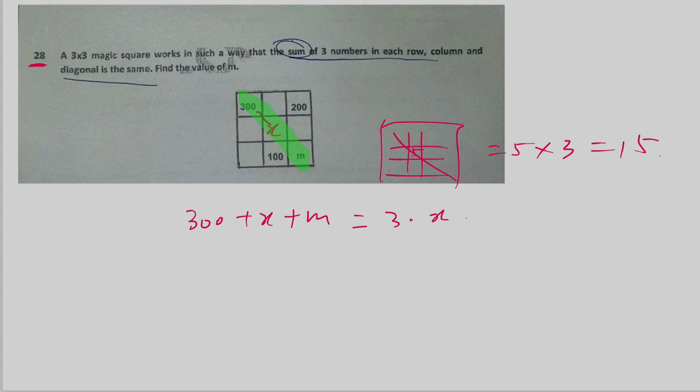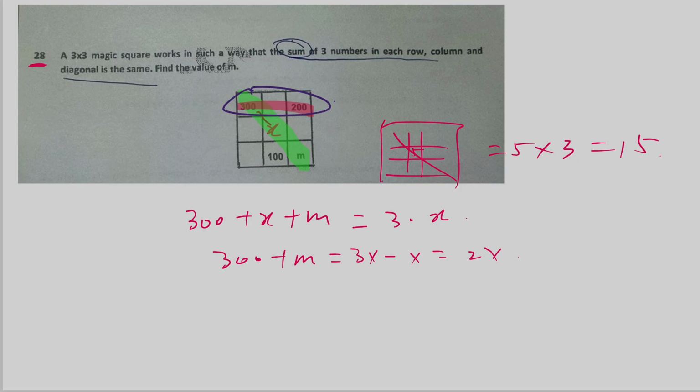With this, you can figure out that 300 plus m is equal to 3x minus x, which is 2x. Another way to do it is the sum of the horizontal, which is here, should be 3x.